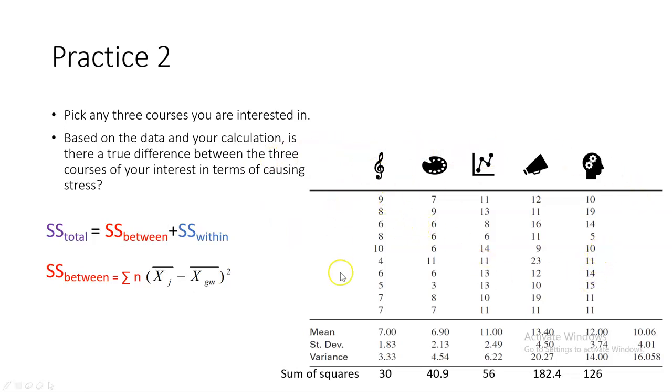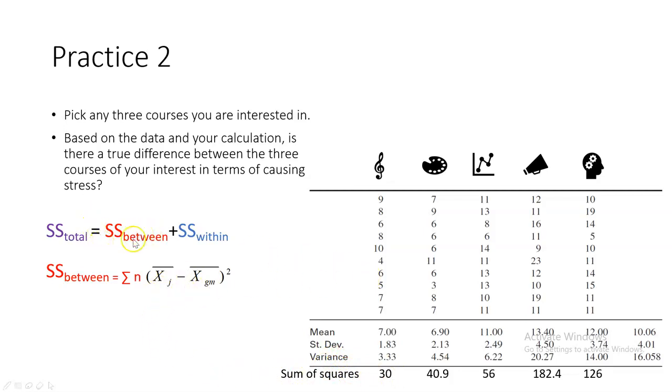This is the data we have here, 5 groups with 10 people in each group. I've calculated the mean, standard deviation, and variance for each group here. I also calculated the grand mean and sums of squares here. The sum of squares is the variance multiplied by the degree of freedom for each group.